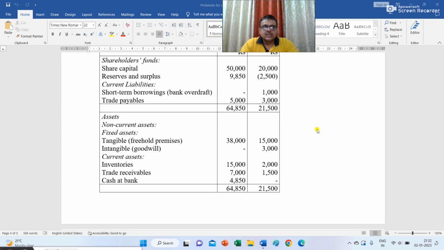Under current assets, the first is inventories: inventories of X Limited is 15,000 and that of Y Limited is 2,000. Then trade receivables 7,000 and 1,500. And we have cash at bank in case of X Limited 4,850. So total of assets is also 64,850 and 21,500.